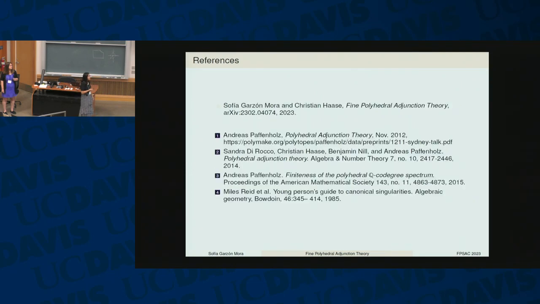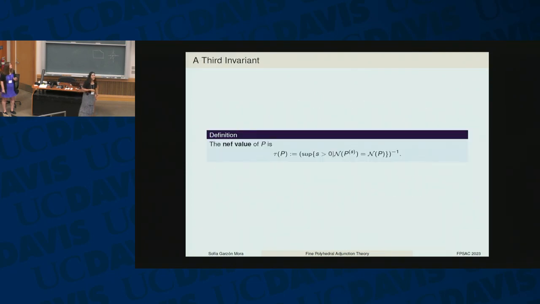So you've unlocked one secret slide. This is another invariant called the NEF value, and the NEF value tells you exactly when that happens. You take the reciprocal of the maximum distance you can push before the normal fan is different. This is an invariant that comes from toric geometry.